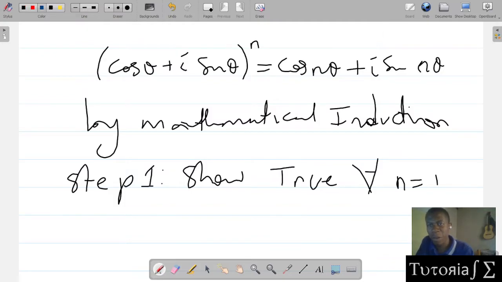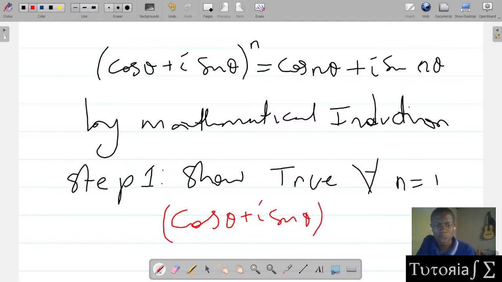First of all, we write our formula down, the formula we are proving. So we are proving cos theta plus I sine theta raised to the power n is equal to cos n theta plus I sine n theta.